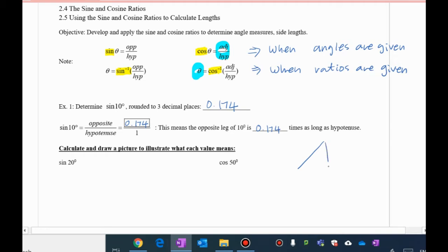So say this is 10 degree and this is right angle, and opposite is here and hypotenuse is here. So this means when hypotenuse is 1, opposite should be 0.174 centimeter. Okay?